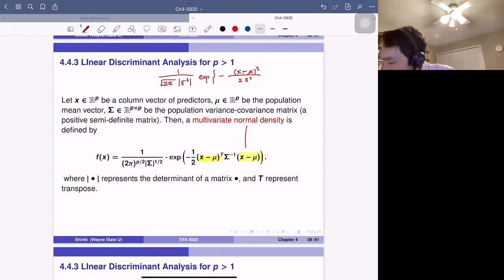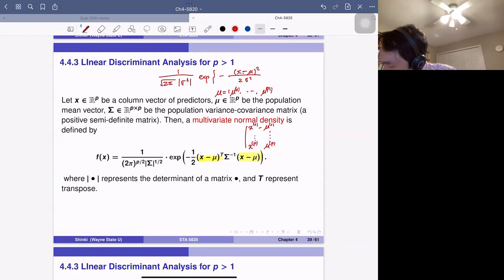So in the multivariate case, mu is equal to (mu superscript 1, up to mu superscript p), and x also is (x superscript 1 to x superscript p).